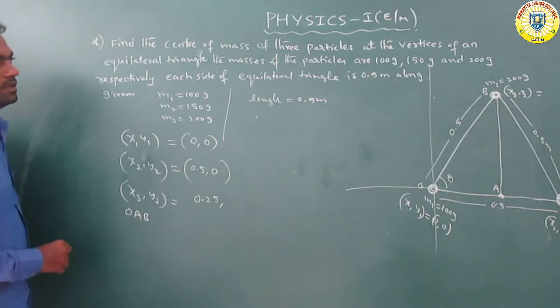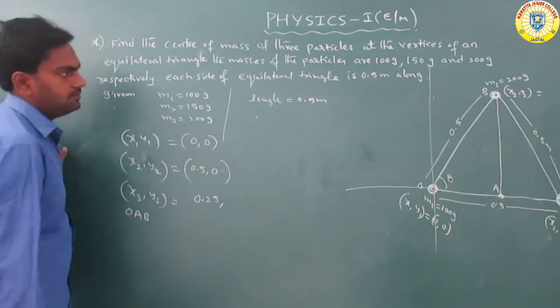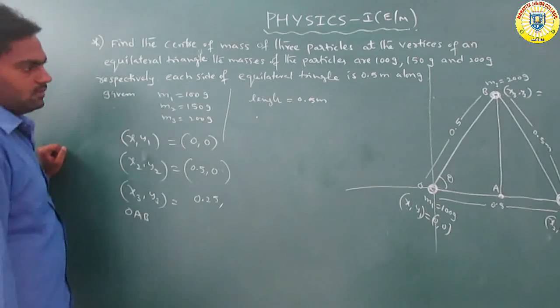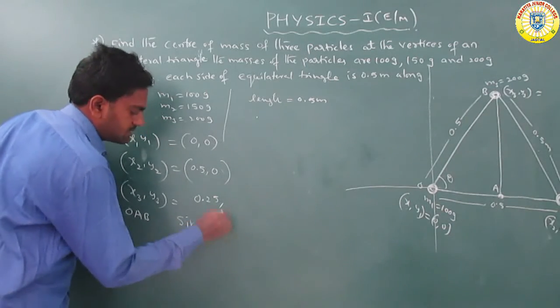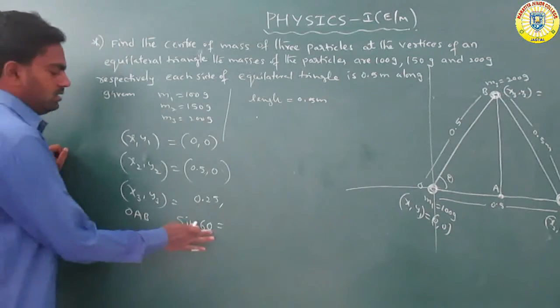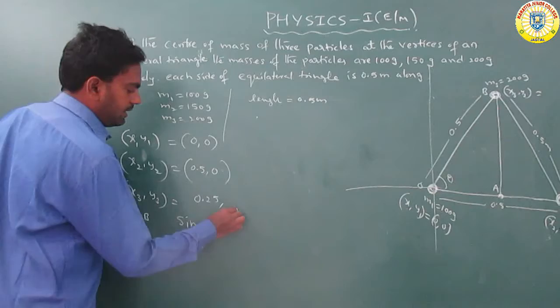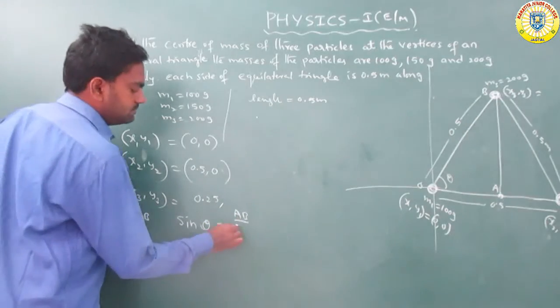In triangle OAB, we use sin 60 degrees. Sin theta is equal to the opposite side by the hypotenuse, so sin 60 is AB by OB.